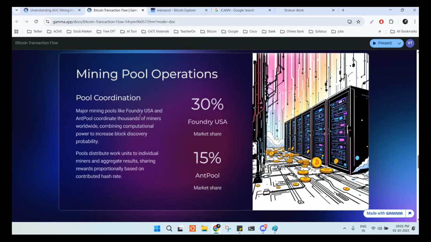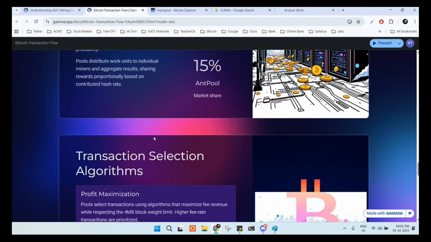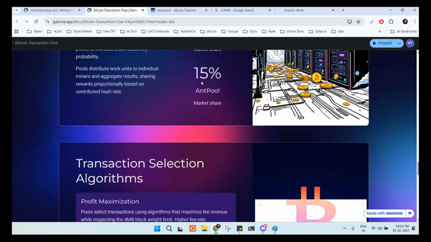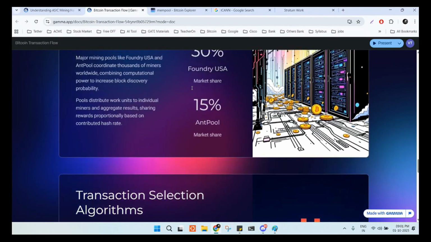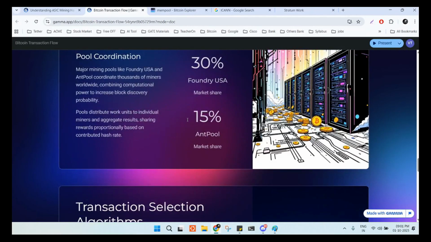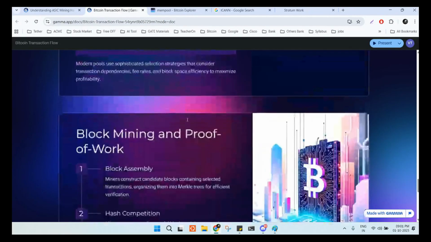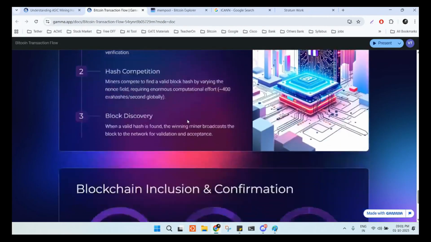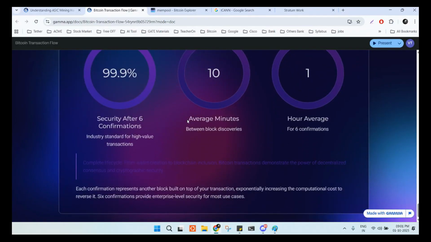So yes, as we know, 30% is shared by Foundry USA, and Ant Pool is nothing but a Chinese pool. Oh no, F2Pool is also Chinese. So most, the top 3, 4 are having more than 50% in the mining pool, as we have already discussed. So this way we can make sure that no double spending is happening.